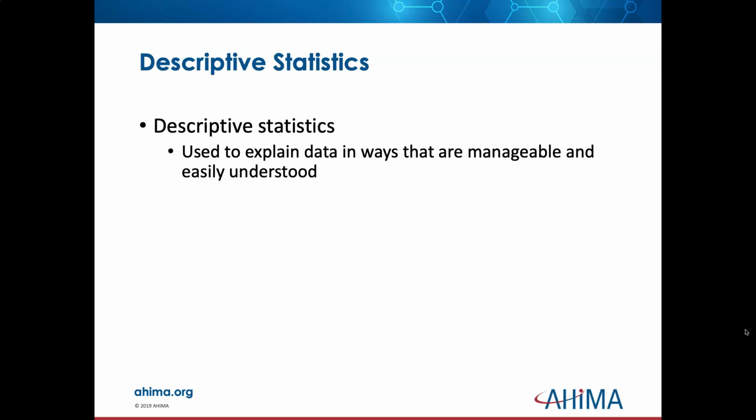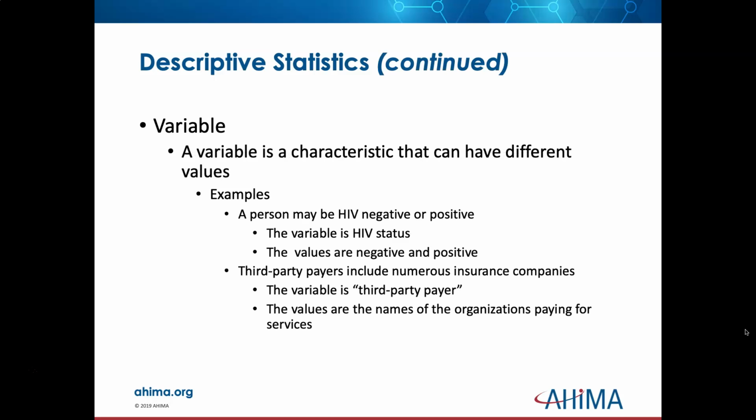Descriptive statistics are used to explain data in ways that are manageable and easily understood. So let's start off by taking a look at variable. A variable is a characteristic that can have different values. The example they give us here is that someone may be HIV negative or positive.